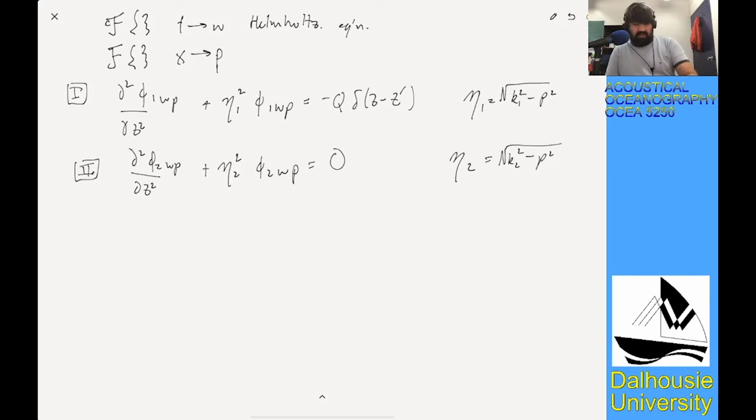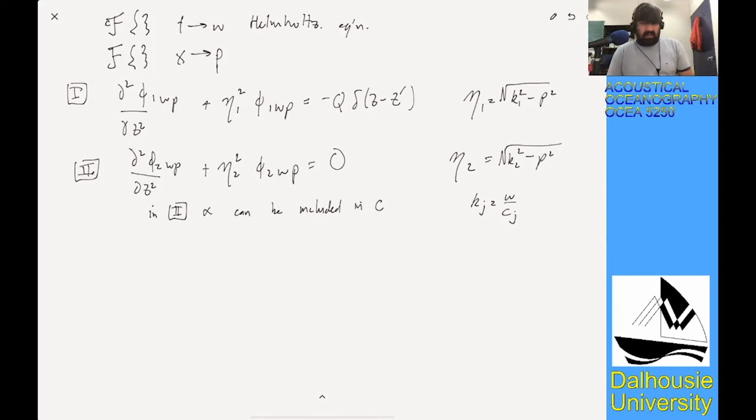And of course, in both of these cases, k_j is equal to omega over c_j because there are two different sound speeds in the two different layers. And we want some attenuation, right? We said we had some attenuation in the second region. So in 2, attenuation can be included in c.